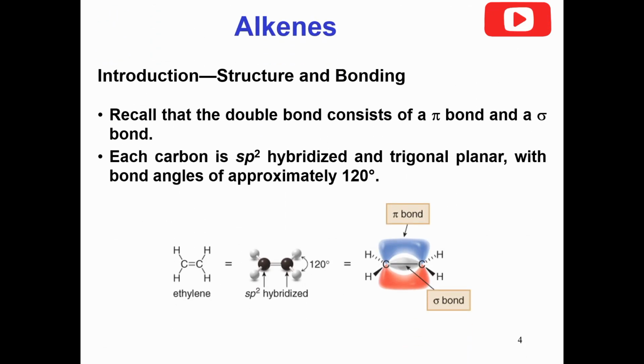Alkenes contain a double bond, which is made up of a pi bond and a sigma bond. This double bond is sp2 hybridized, having a trigonal planar shape and a bond angle of 120 degrees.